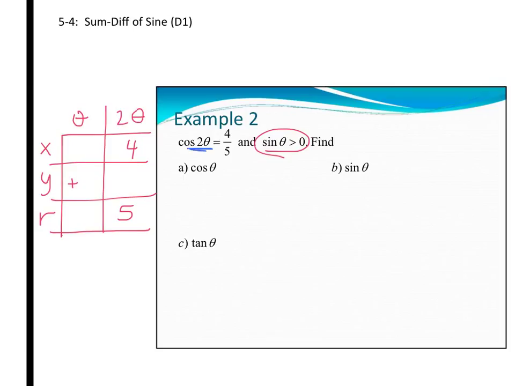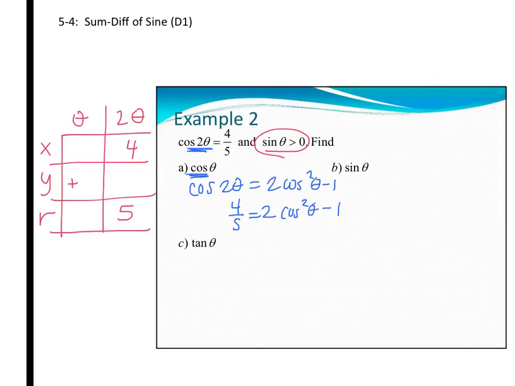All right, now we're going to go ahead and solve for what we don't know. Since I know cosine 2 theta and I'm trying to find cosine, the formula that I'm going to use is cosine 2 theta equals 2 cosine squared theta minus 1. Again, we have 3 choices to work with. Since we're trying to solve for cosine, that's the formula that we're going to use. All right, so we're going to plug in the 4/5 that we know.